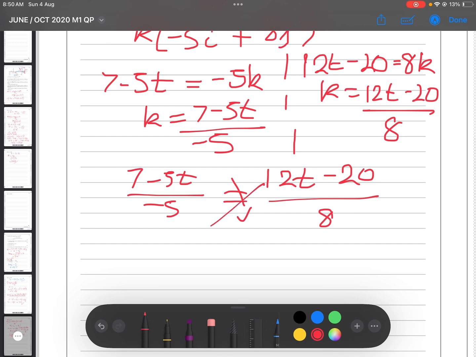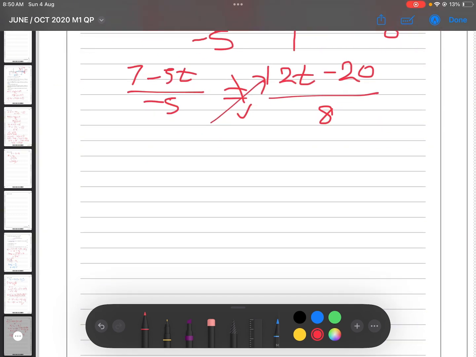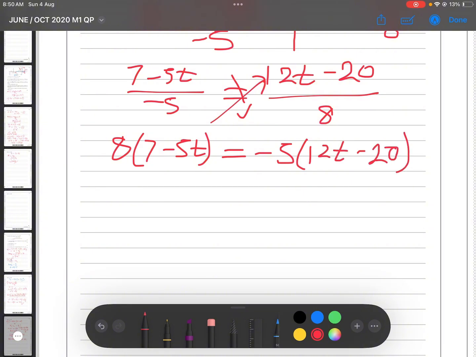Cross multiplying them, we get 8 times 7 minus 5t, which is going to be equals to minus 5 times 12t minus 20. 8 times 7 is 56. 8 times 5 is minus 40t, which is going to be equals to 12 times minus 5 is minus 60t.